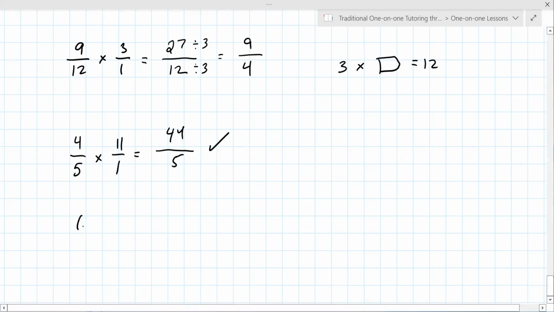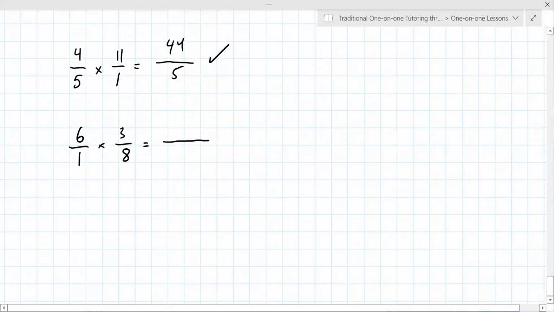Let's try 6/1 times 3 divided by 8. So 6 times 3 is 18, and 1 times 8 is 8. So when you want to reduce a fraction, you always start with 2. Does 2 go into both 18 and 8? Can you divide 18 by 2?